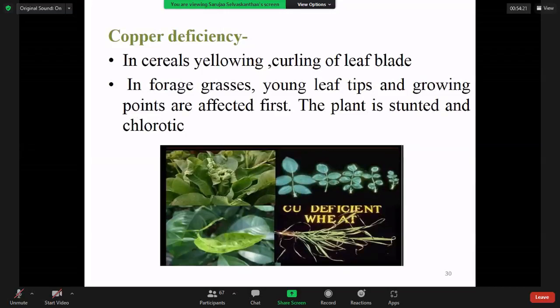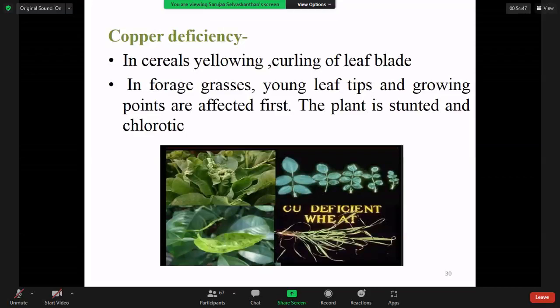Copper is an activator of enzymes, promotes the formation of vitamin A, and is a component of many enzymes. These are the functions of copper.